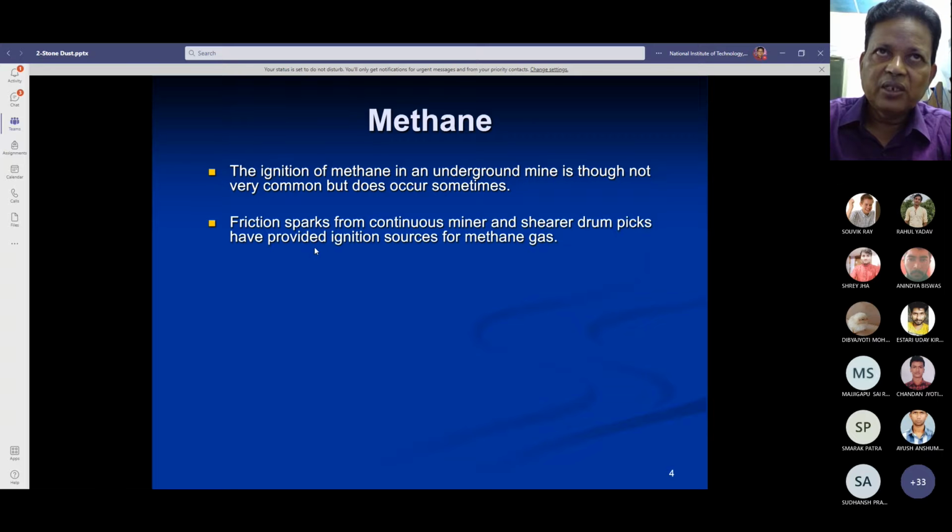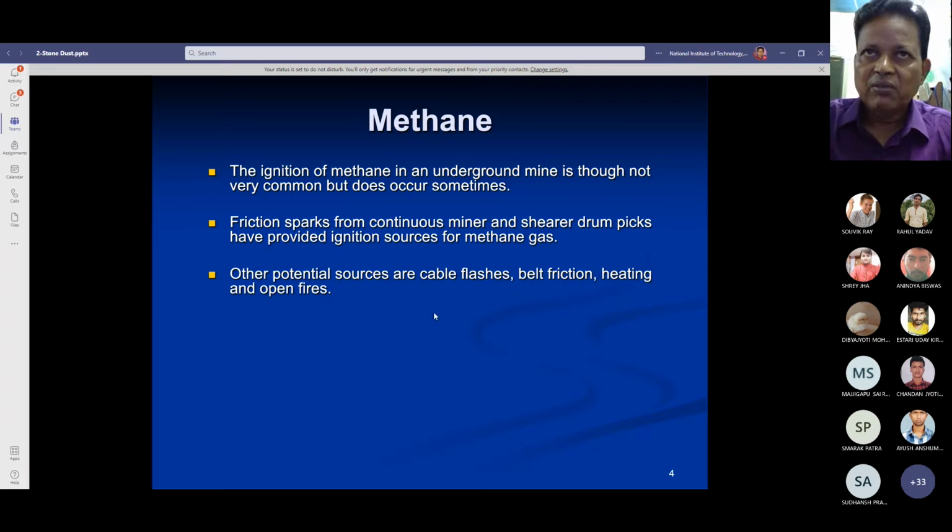Friction sparks from continuous miner picks and shearer drum picks have provided ignition sources for methane gas explosions. Other potential sources are cable flashes, belt friction heating, and open fires in the mines, which can ignite the methane gas and cause a methane explosion in your underground coal mines.